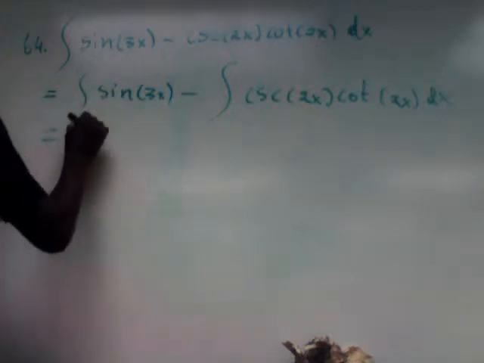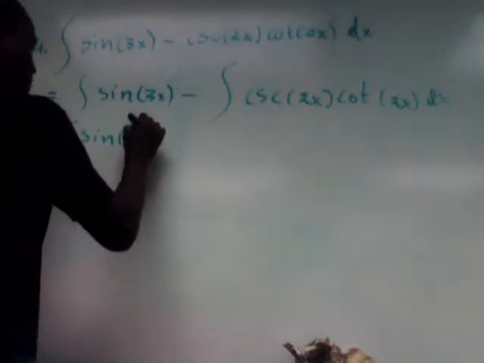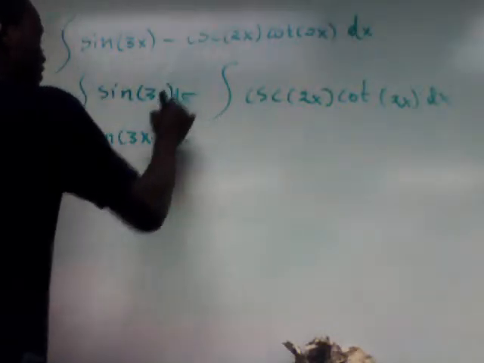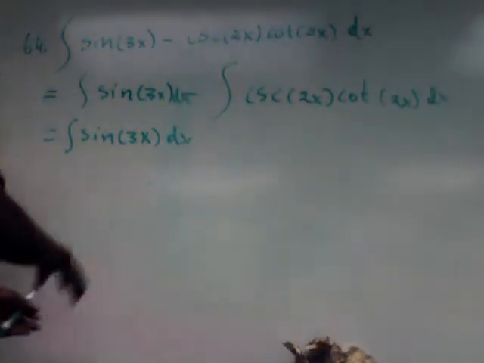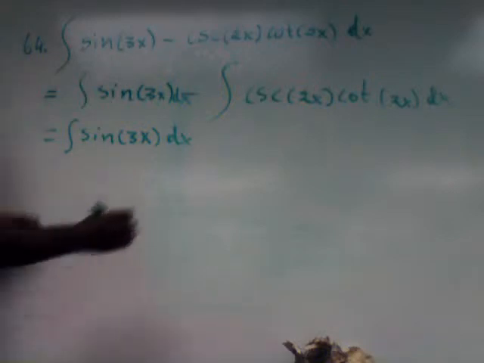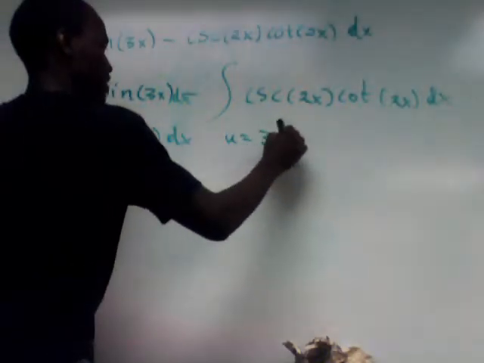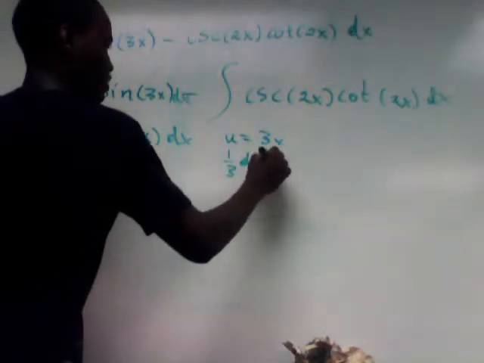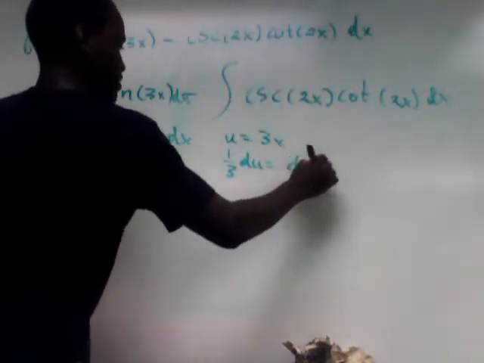So when you have sine of 3x dx, you can use the u substitution just to make sine simpler, right? So your u can be 3x. Therefore, 1/3 of du is going to be equal to dx.